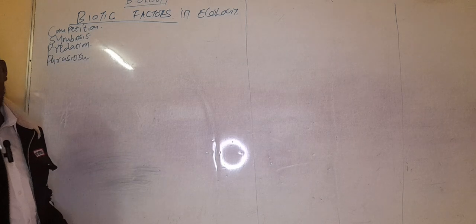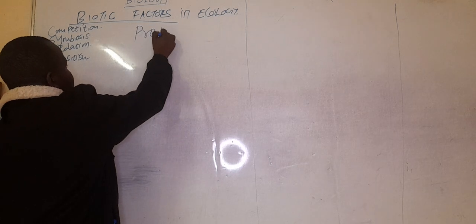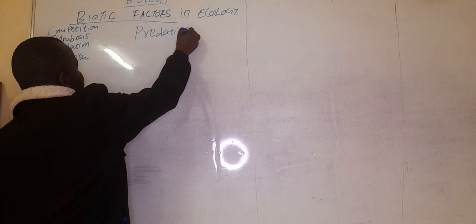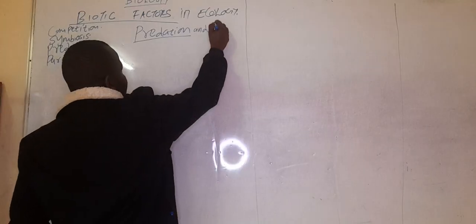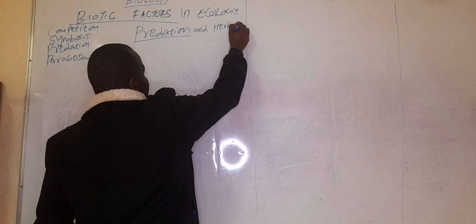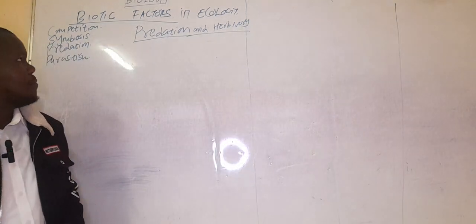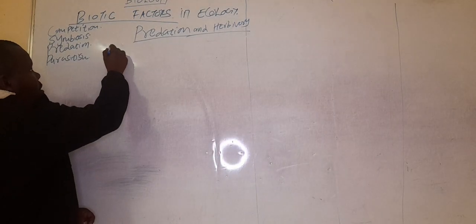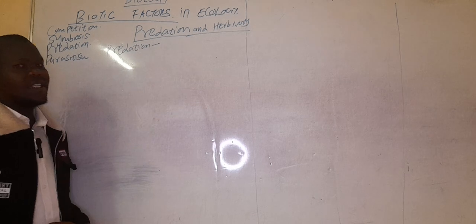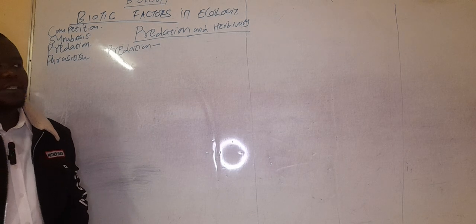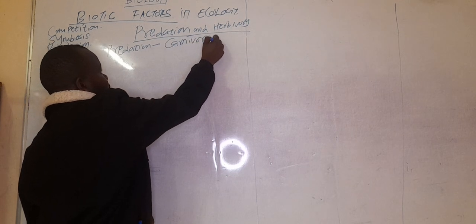Let's start with the first one, which is predation. We have predation and herbivore. When you speak about a predator, that is predation, this organism is carnivorous.